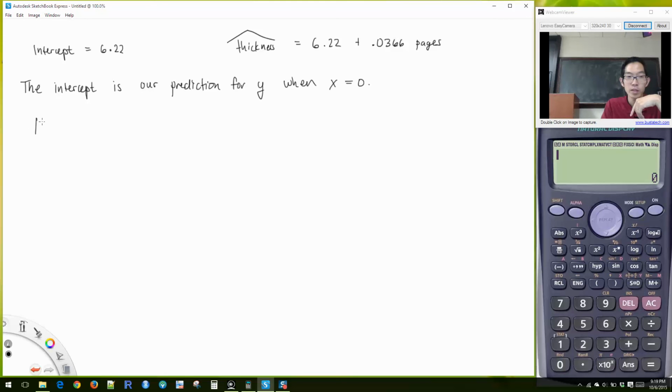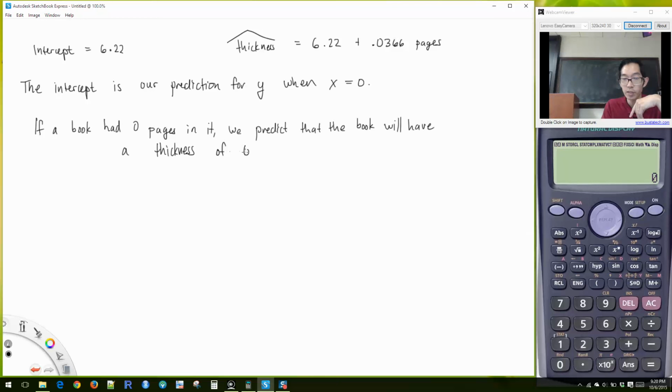Okay, so if a book had 0 pages in it, we predict that the book will have a thickness of 6.22 millimeters. Okay, it's our prediction for y when x is 0.